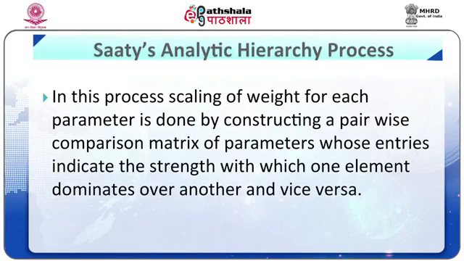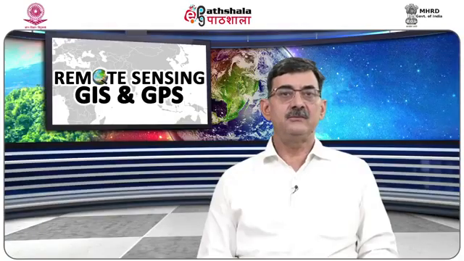In this process, scaling of weight for each parameter is done by constructing a pairwise comparison matrix of parameters whose entries indicate the strength with which one element dominates over another and vice versa. As a consequence, an importance matrix is generated by a group of experts, the values of which are based on a scale of importance intensities.